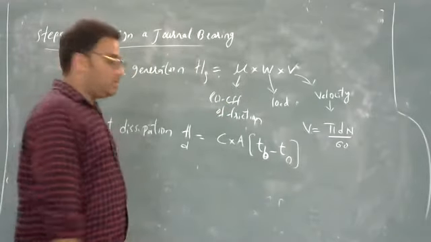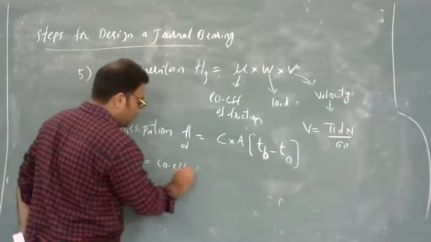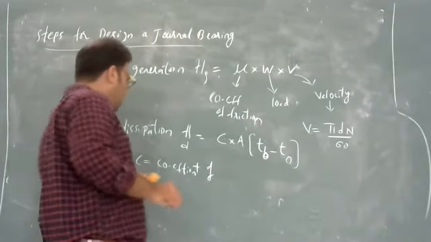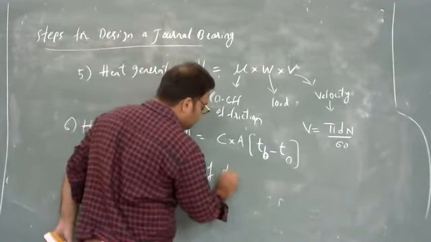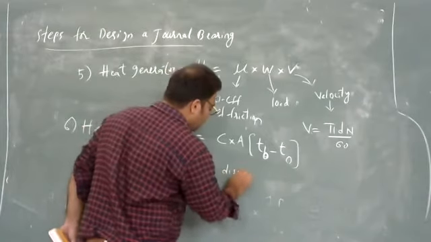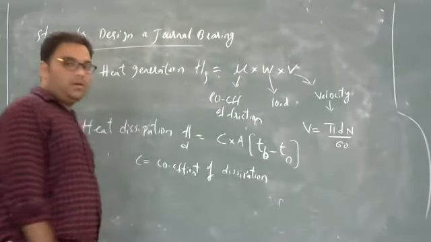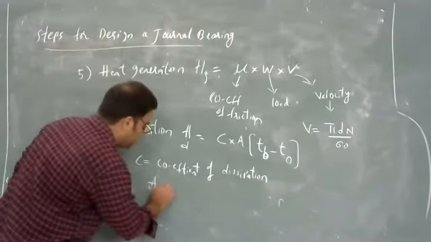So what is C here? The coefficient C is nothing but the coefficient of heat dissipation. A is nothing but the projected area.